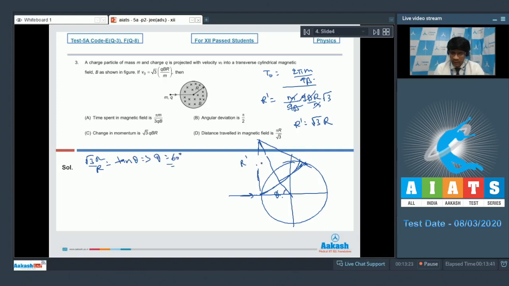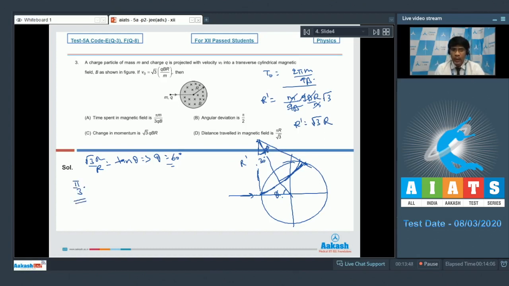That means if this is 60 degree, then this is 30 degree and this also is 30 degree, and this is the center of curvature of this circular path. So the particle is effectively subtending an angle of pi by 3 at the center of curvature.